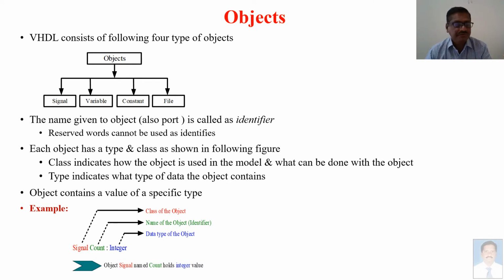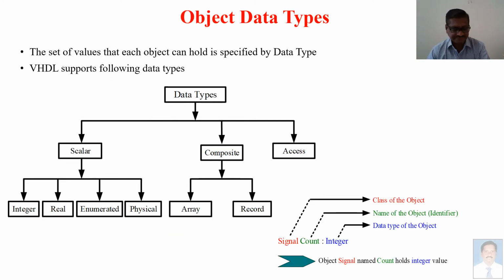Before going into the detailed discussion of the objects, first I will discuss the data types. After knowing the data types, it is easy for us to understand how the signal, the variable and the constant are used in the program, and what we can do with the file.